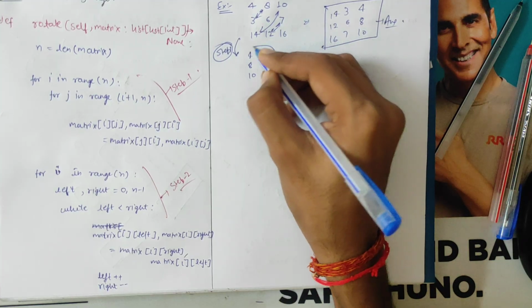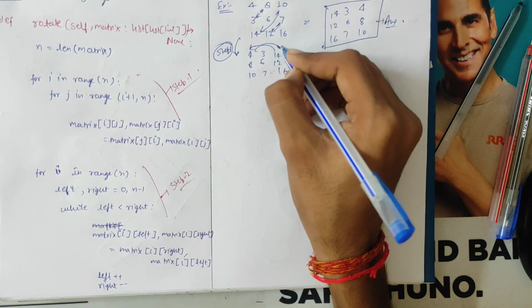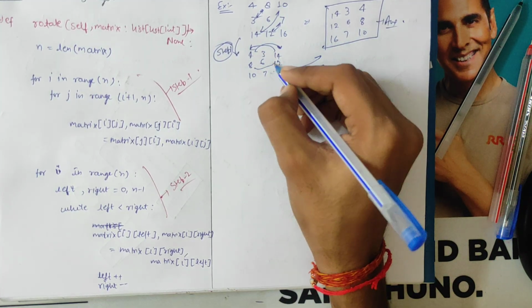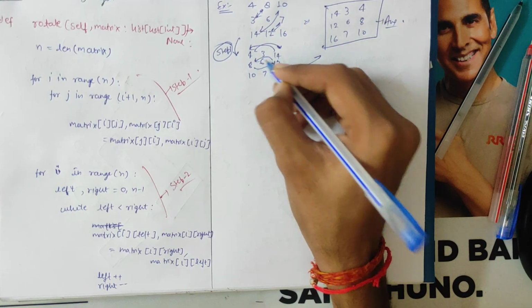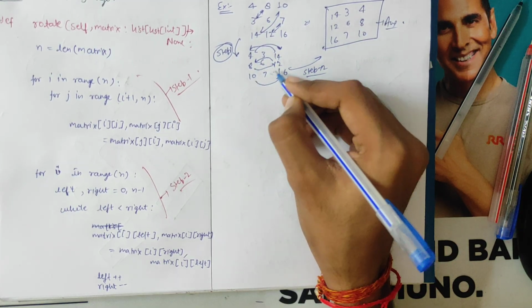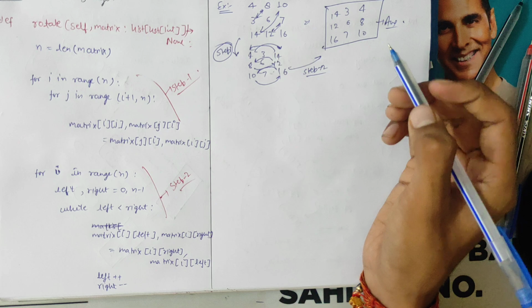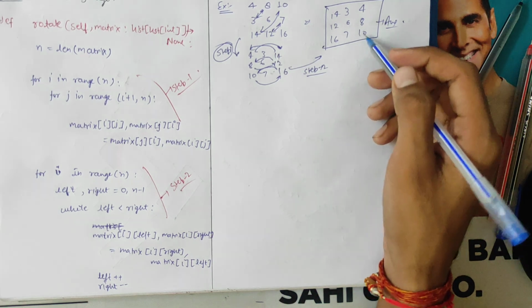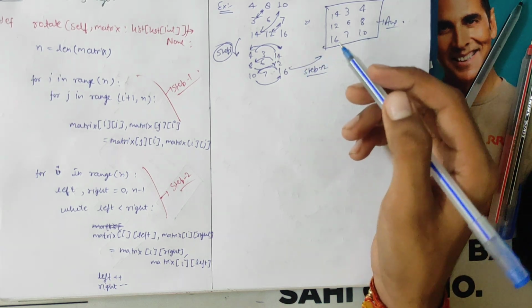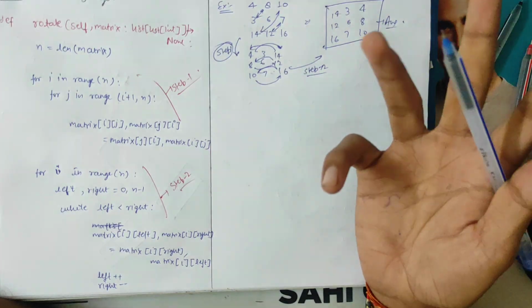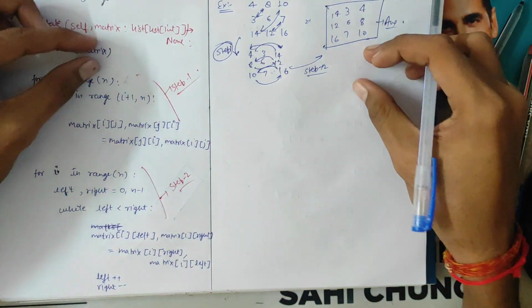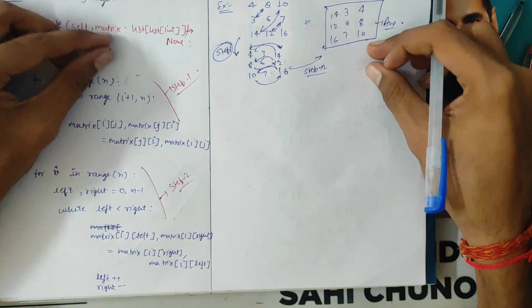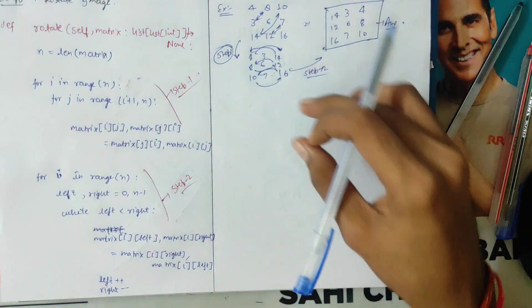So 4 comes here, 8 comes here, 12 comes here, 10 comes here, 16 comes here. So it will look exactly like this. We can also say that reversing means swapping the elements: here is one element, here is another element, and they are getting swapped.